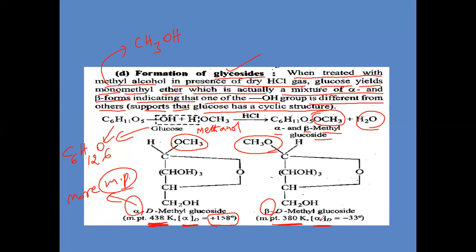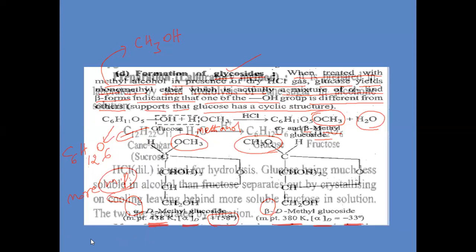The specific rotation of this beta form is minus 33 degrees. A minus sign indicates this beta form will rotate the plane polarized light towards the left side. Is the concept clear to all? So it's about beta form and alpha form.